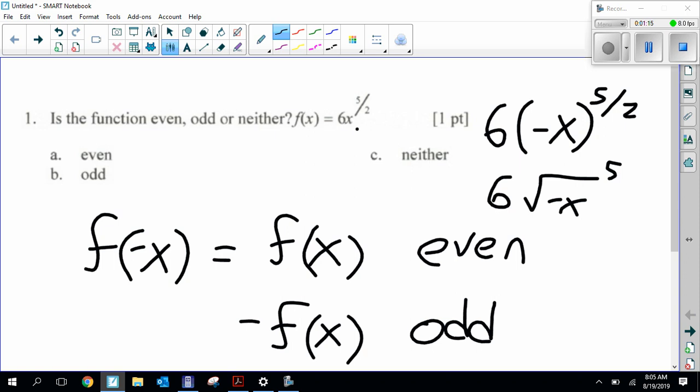We have square root of negative x. The 5th power is going to keep that as a negative, even if you did the 5th power first. So you have a negative inside a square root, which is going to be imaginary. You can't have a negative inside the square root. So therefore, it will be neither. It just breaks the function.